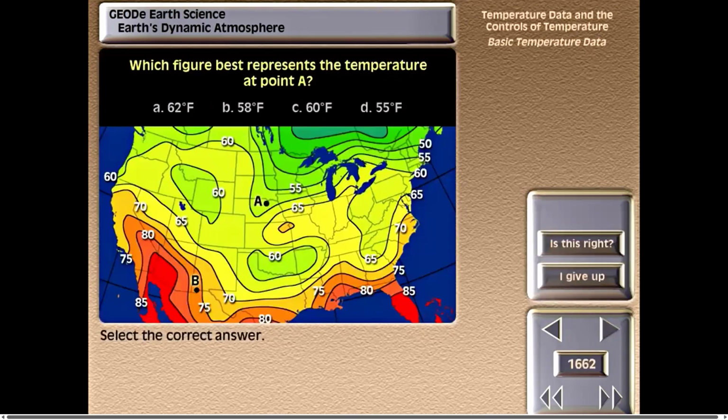Which figure best represents the temperature at point A? Which figure best represents the temperature at point B?